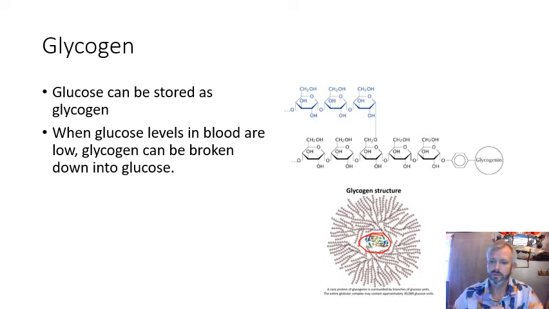Basically, we can keep about 120 grams of glycogen in our liver. So we have a store, but it's not a grand store, so it can get depleted fairly easily if you're doing, say, strenuous exercise or you're fasting for a long period of time.